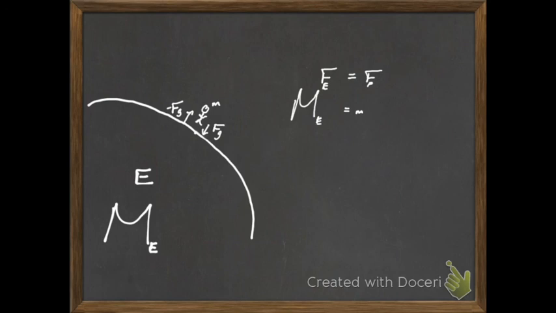So what does that mean about the respective accelerations if I want the forces to be the same? That means the acceleration the Earth feels is very small. But the acceleration that you feel is very large, which is why when you jump in the air, you get pulled back pretty quickly.